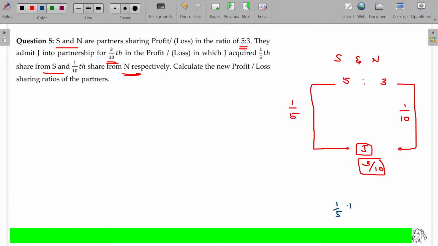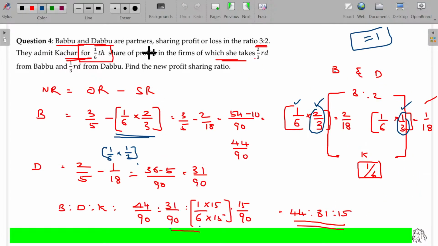1/5 plus 1/10 is equal to, take the LCM, 3/10. If you sum, that value is equal to the incoming partner's share. Earlier it is not so. 2/3 plus 1/3 is equal to 3/3 or 1.